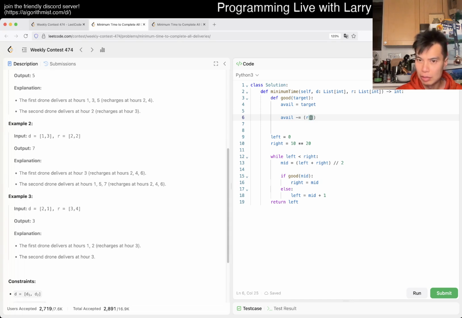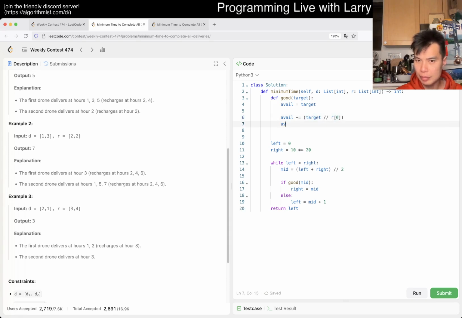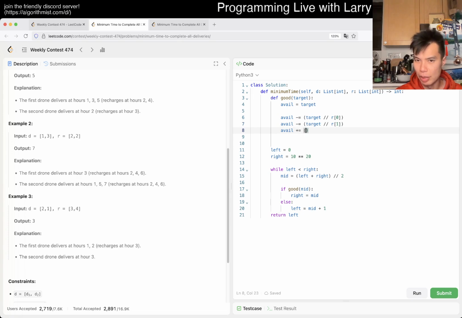Okay, so R sub 0 or target divided by this. Maybe this could be a for loop, and then we have to do the exclusion thing, right? Is it LCM? I was going to just multiply them, but that's not quite right. It should be the LCM. Yeah. Okay, fine.